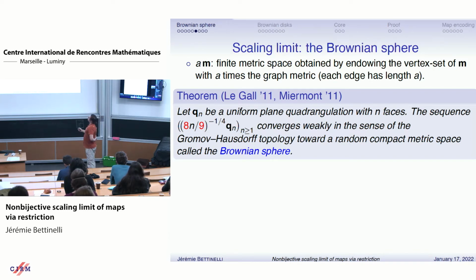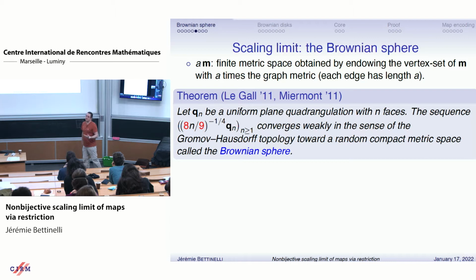So the result is that if you take a uniform plane quadrangulation with n faces, it means that you have n faces, and all the faces have degree 4, so there are 4 corners. So if you take this model, then up to this scaling factor, you have convergence to a limiting metric space in the topology I described before, and we call it the Brownian sphere.